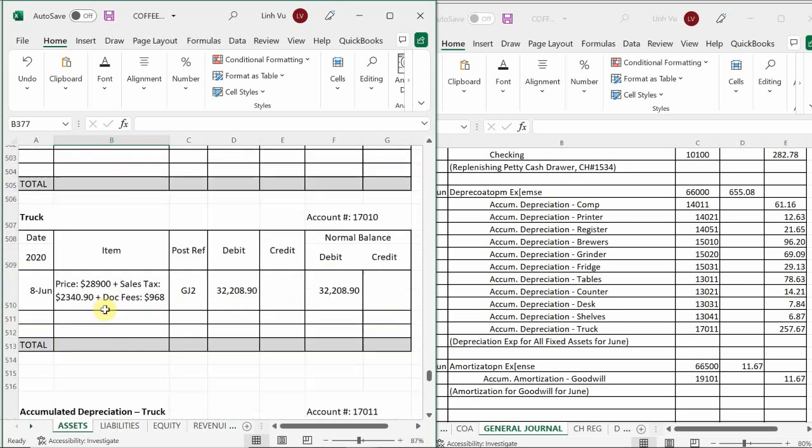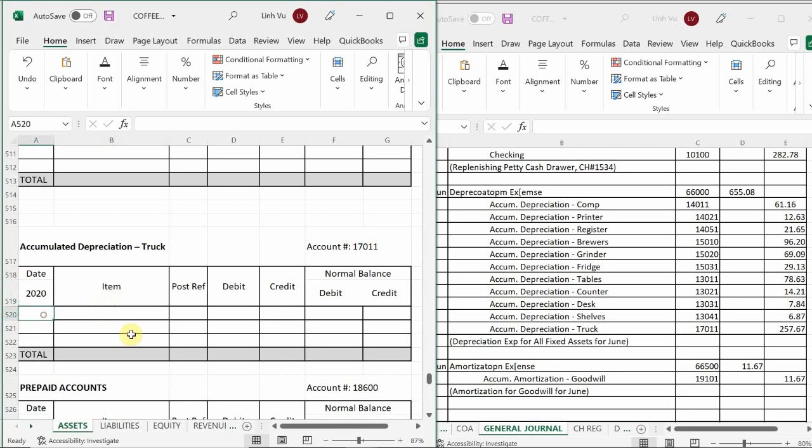So vehicles, truck, here's accumulated depreciation for the truck to be a total of $257.67 credit.